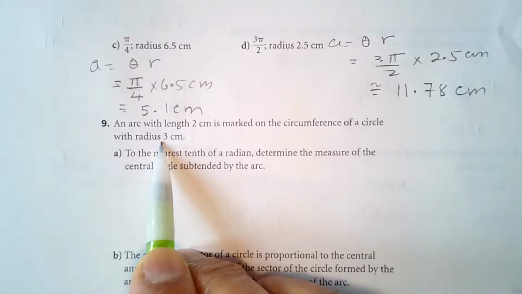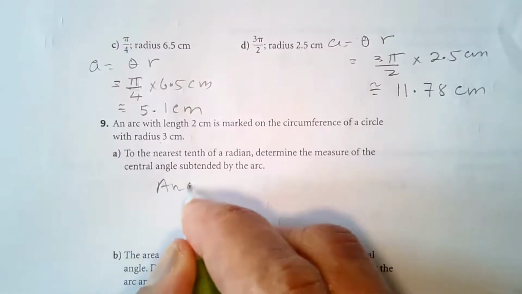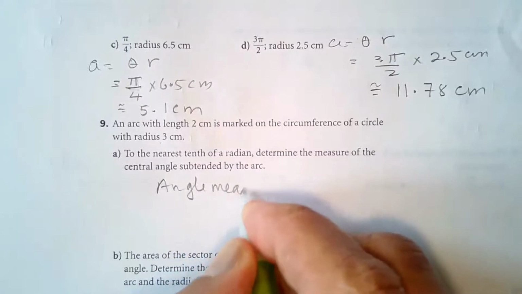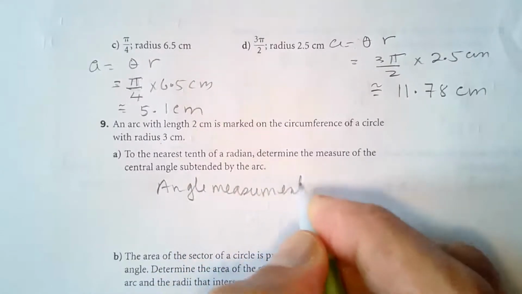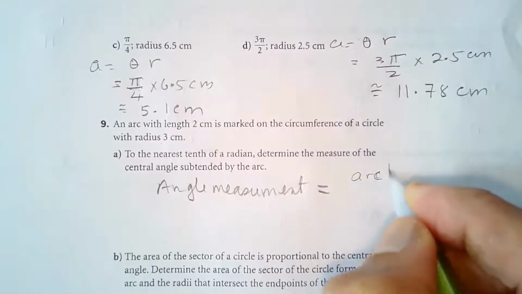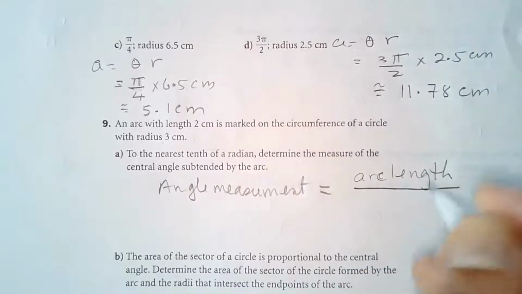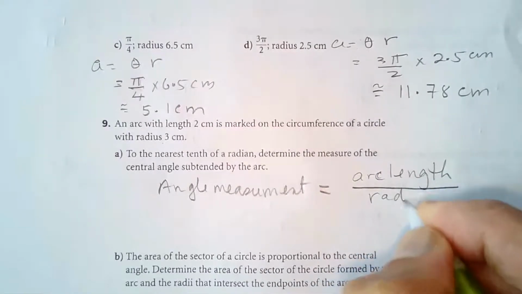So the arc length divided by the radius, right? So the angular measurement will be equal to the arc length divided by the radius.